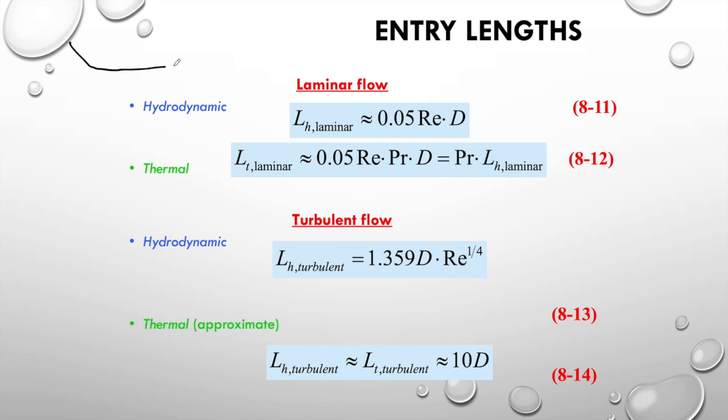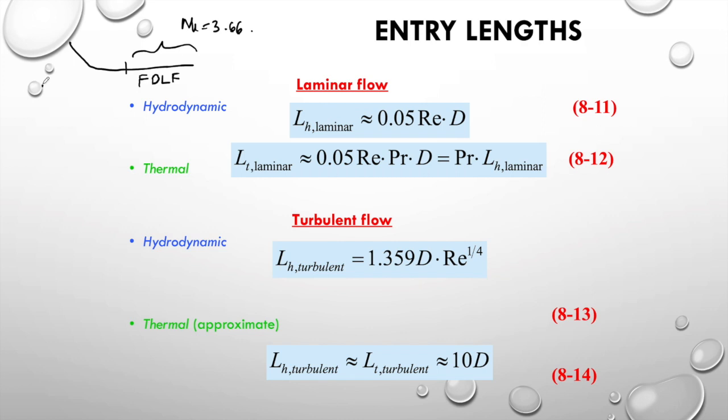So here, in laminar flow, if your flow falls on fully developed flow, then your Nusselt number would be 3.66. If this is fully developed laminar flow, FDLF, fully developed laminar flow.